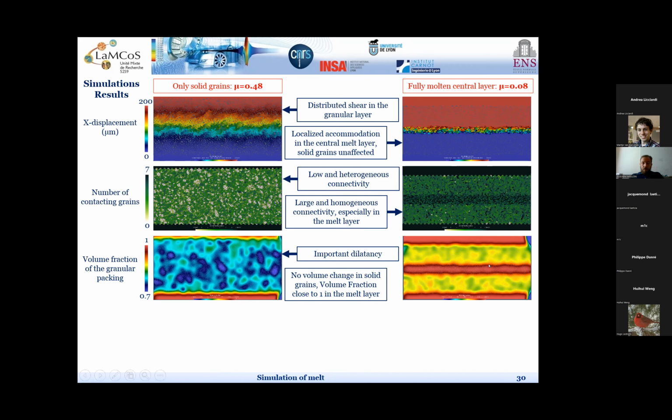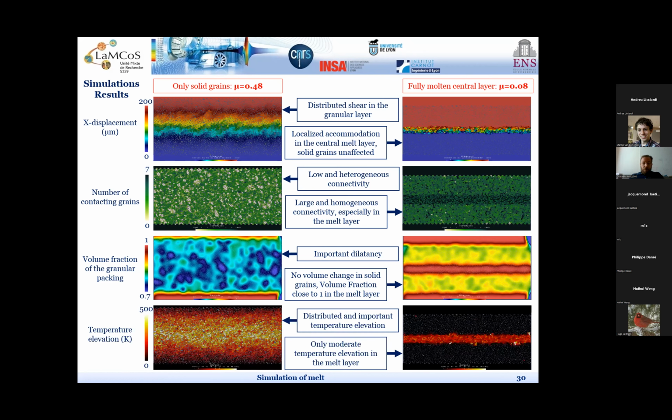While in the case of a molten layer here, we almost have no porosity in the central part, because the grains deform so much that they close all the porosity in this part, just like if there was some liquid here. And the two granular layers around keep very dense because they were not dilated by any shear during this simulation.